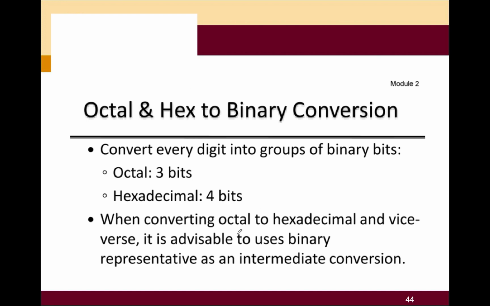When you're converting octal to hexadecimal and vice versa, it is advisable to use binary representation as an intermediate conversion. So before you can directly convert, you need to have this intermediate conversion.